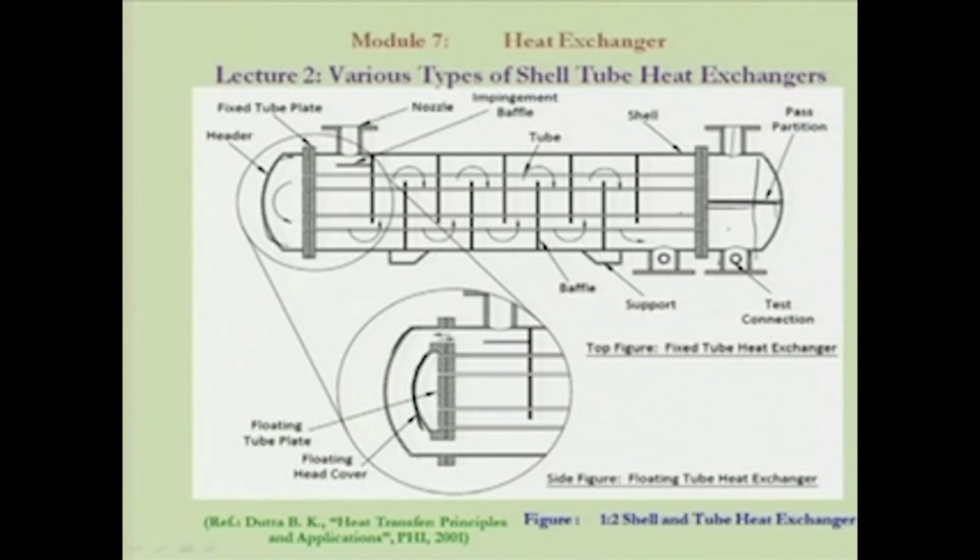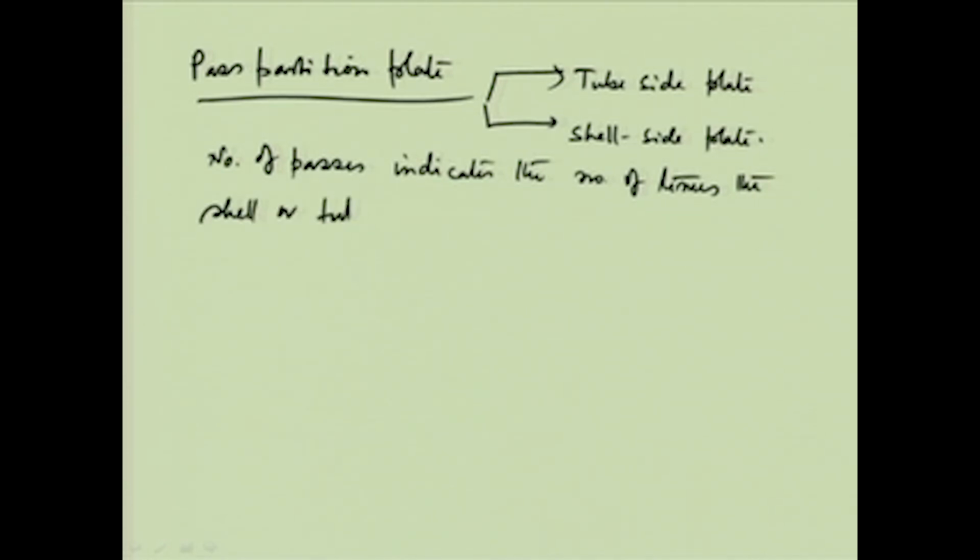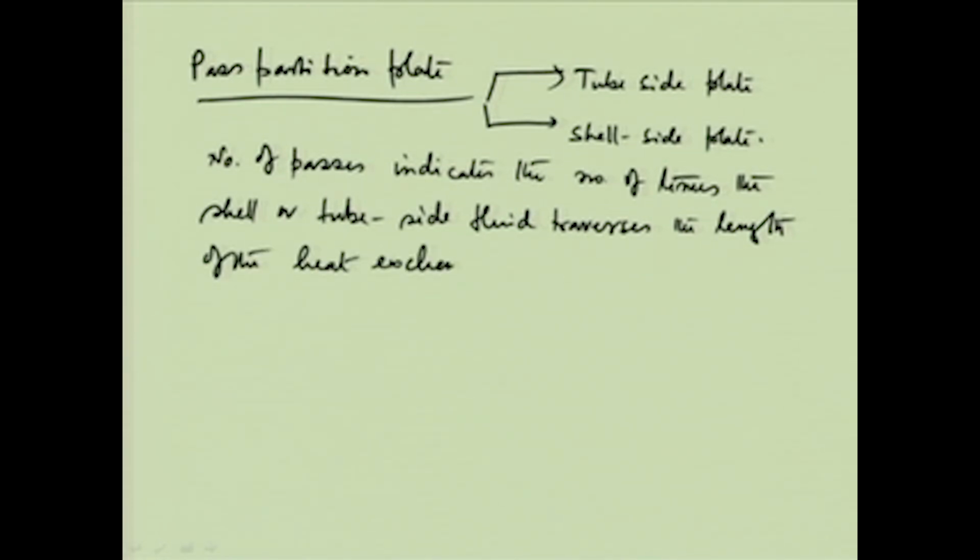So, the number of passes indicates the number of times the shell or tube side fluid traverses the length of the heat exchanger.